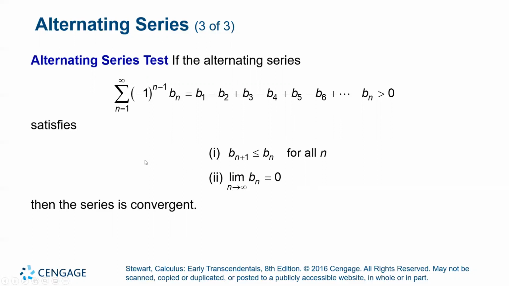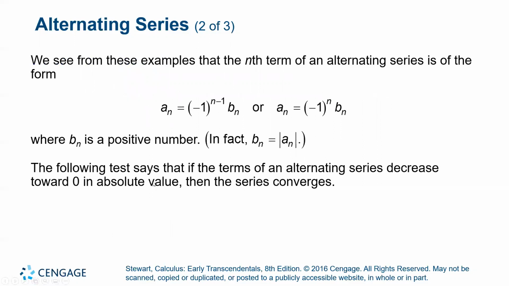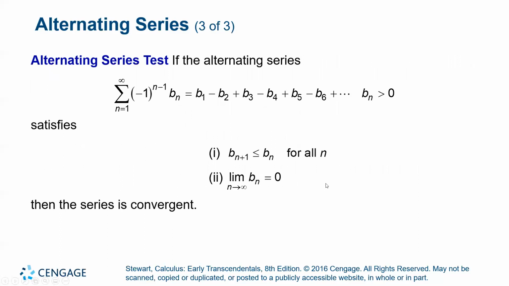If we go back to the previous slide, it sort of summarized this in clear English. If the terms of an alternating series decrease towards 0 in absolute value, then the series converges. So this first statement is saying that they're decreasing, and the second statement is saying that the limit of Bn is 0, then the series is convergent.